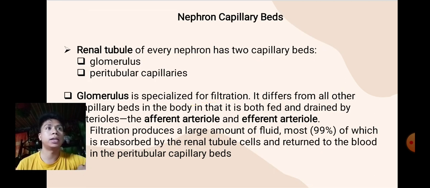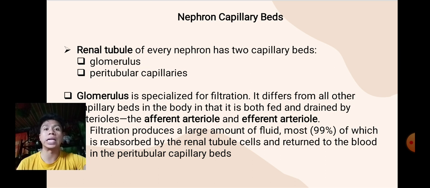Then we have here the capillary beds of the nephron. The renal tubule of every nephron has two capillary beds: the glomerulus and the peritubular capillaries. The glomerulus is specialized for filtration.